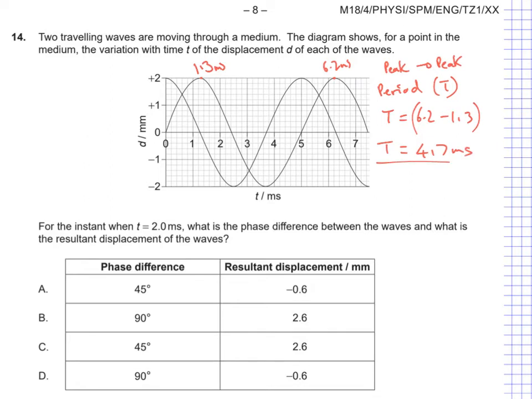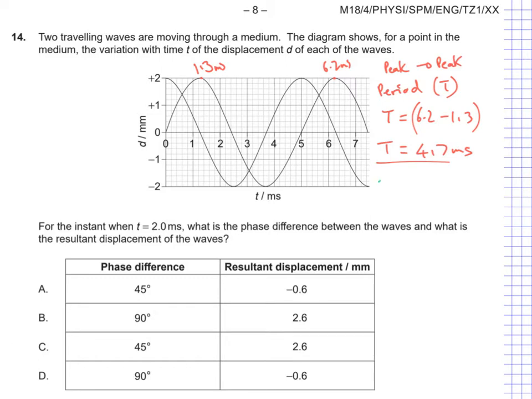Now, when we talk about phase difference, we refer to it in degrees. So, of course, a full period would be 360 degrees. So 360 degrees would be equal to the time frame of 4.7 milliseconds.